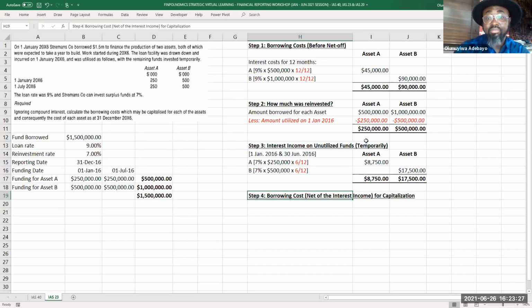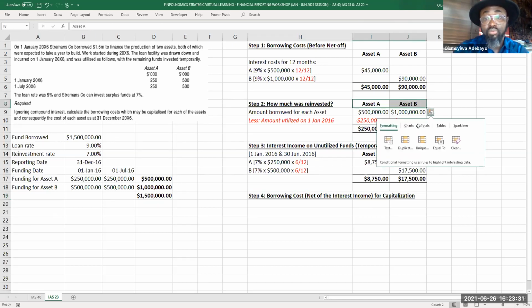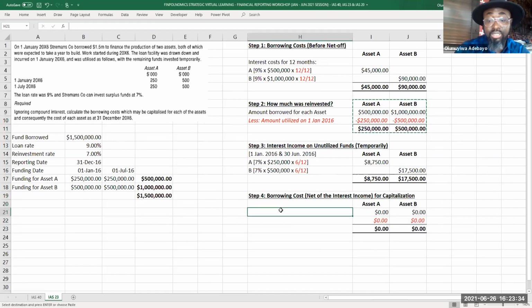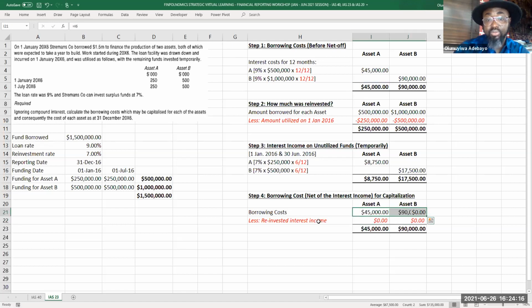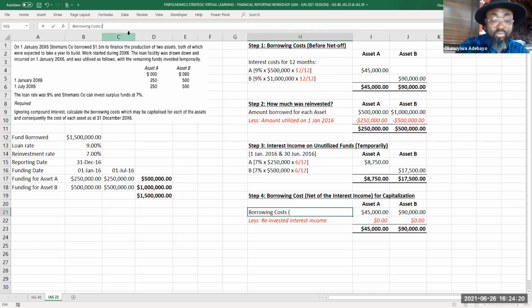The amount I'm going to capitalize invariably will be my borrowing cost less my invested interest income. And what is the borrowing cost, which is step 1.